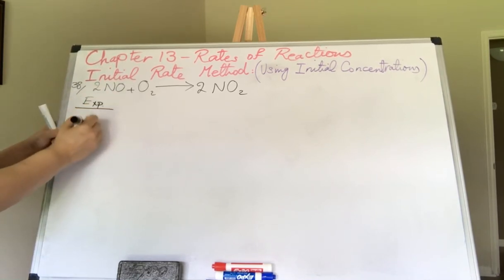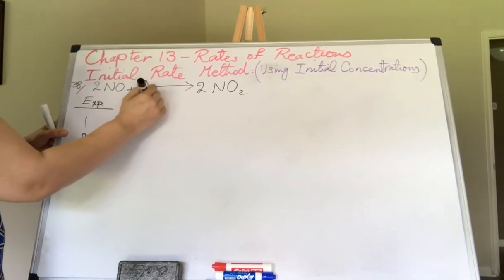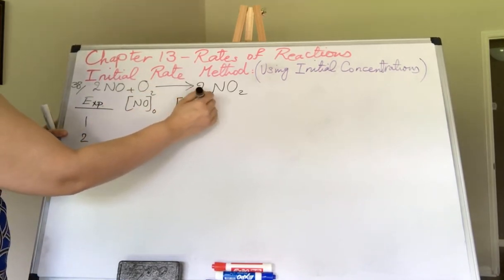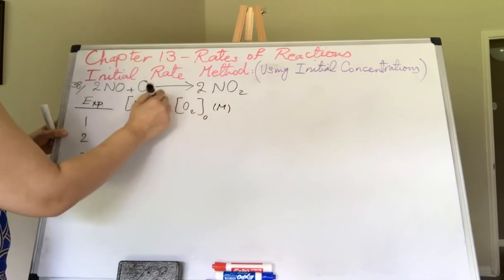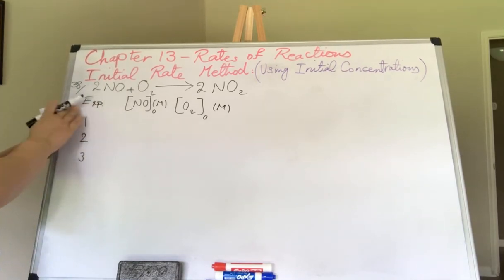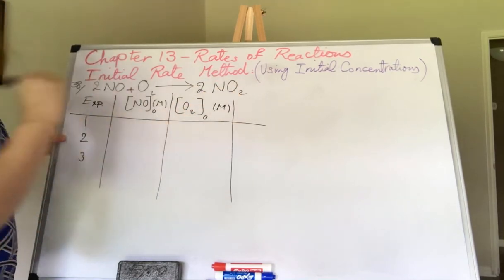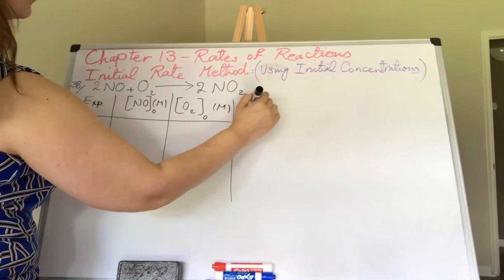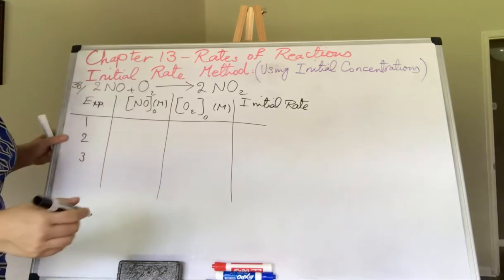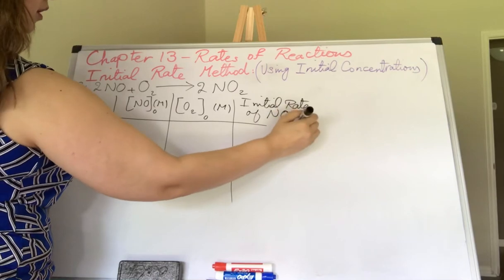Experiment 1, 2, and 3, and you have the initial concentration of NO and the initial concentration of O2. They're all in molarity, moles per liter, and you have the initial rates in molar per second.